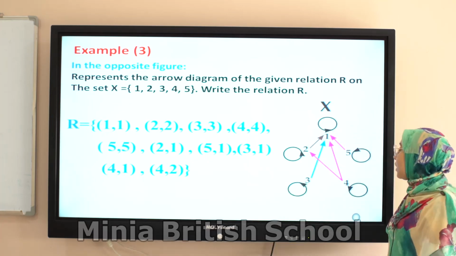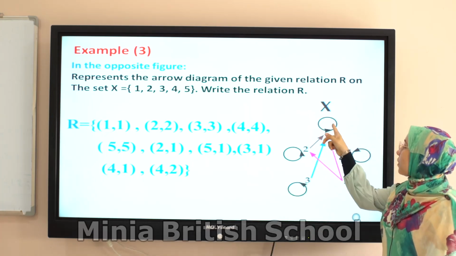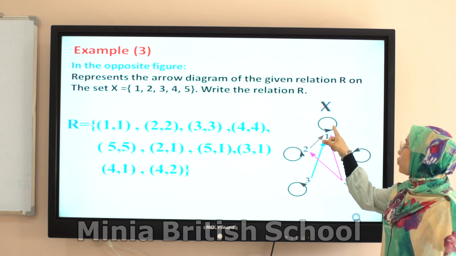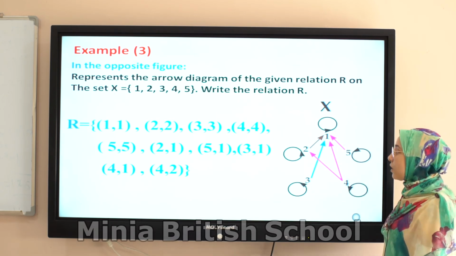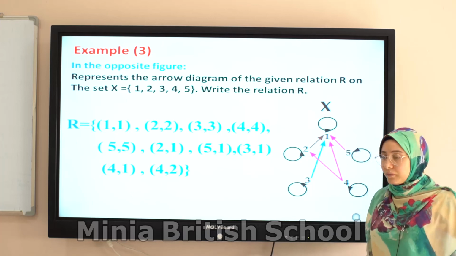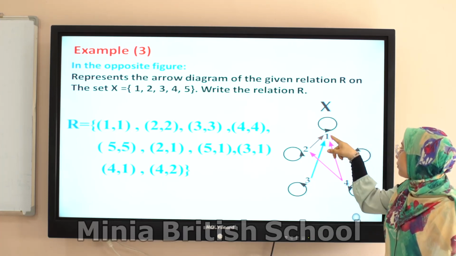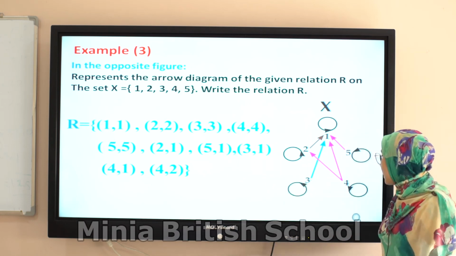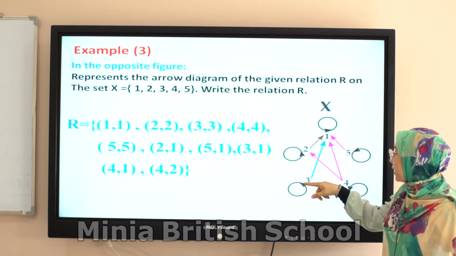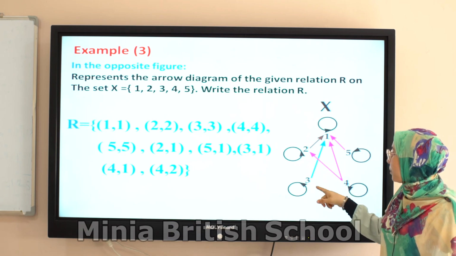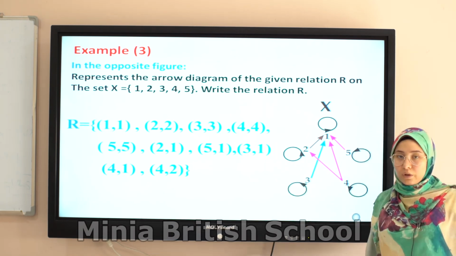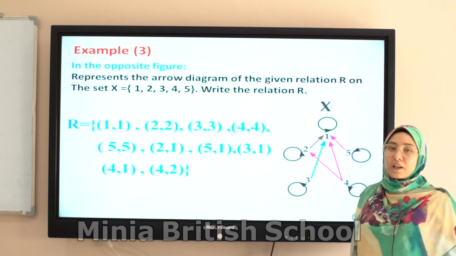The second, here, this arrow goes from 2 to 1. So the ordered pair 2, 1. This arrow goes from 3 to 1. So the ordered pair 3 and 1. Okay, 3 the first projection, 1 the second projection.